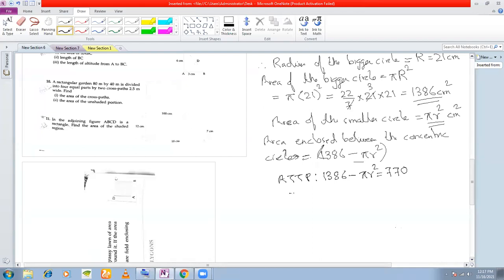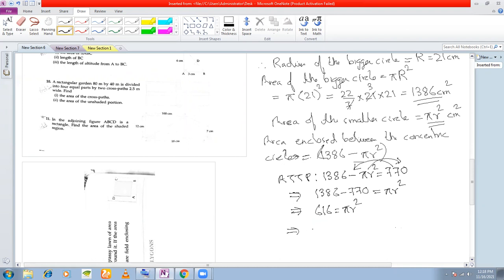How to solve this equation? Take pi r square this side and take 770 this side, to get pi r square equal to 1386 minus 770. Now how much is 1386 minus 770? This is equal to 616, which is equal to pi r square.